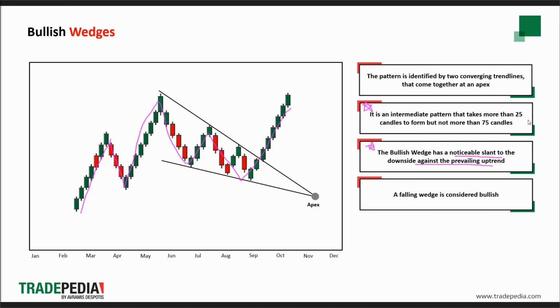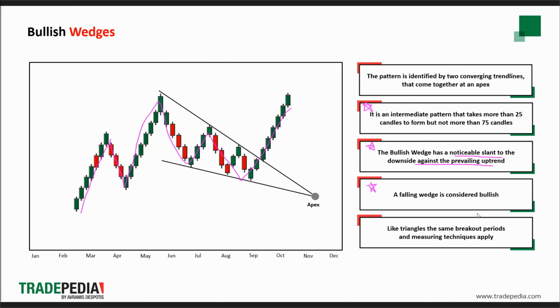A falling wedge is considered bullish. I will show you, I hope I get some time to show you some examples later. Like triangles, the same breakout periods and measuring technique also apply.